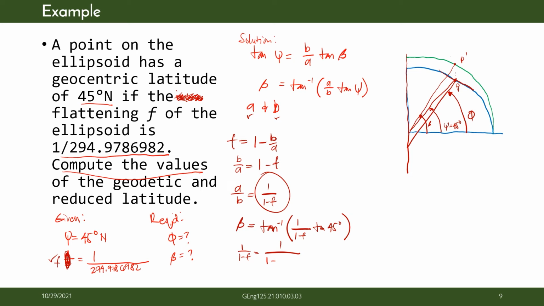Therefore your flattening, we directly substitute this value, 1 over 294.9786982. Okay, so that would be equal to, let's try to calculate.